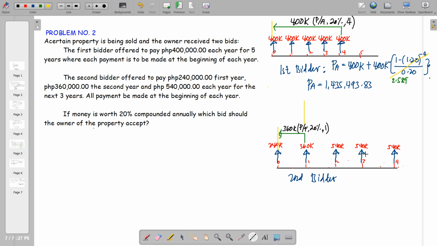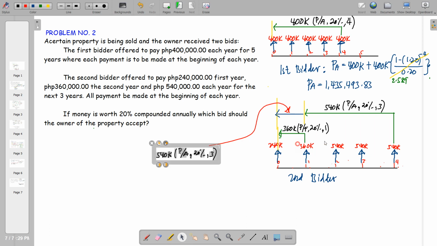So here it is. We're going to bring that annuities into this period first. Say 540,000 times finding P given A at 20% at 3 periods. And then we will bring this further into this year 0. So may I just have this notation.